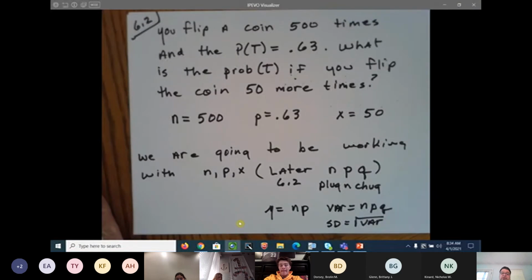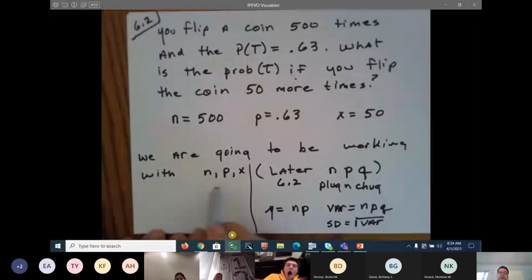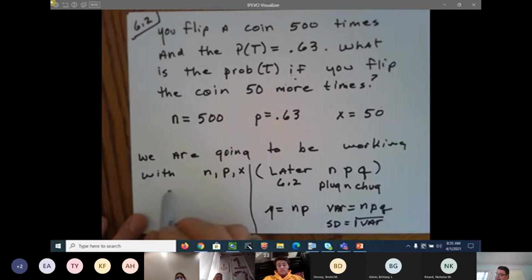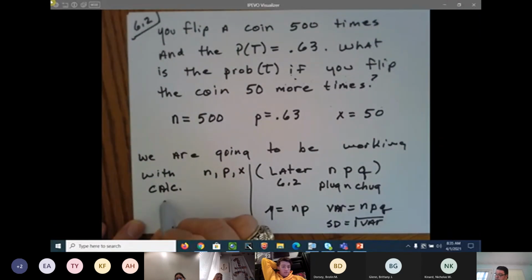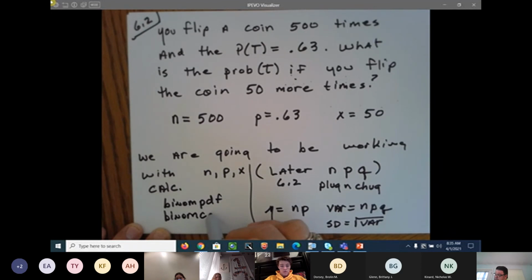In the first part of 6.2, when we're dealing with NPX, you're going to be using your calculator, and you're going to be using binomial PDF and binomial CDF.